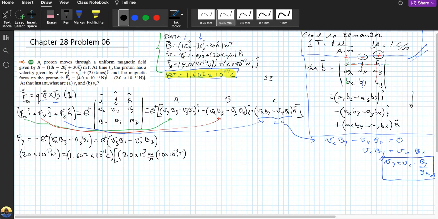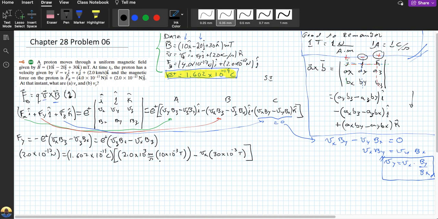Do you remember milliteslas? 10 minus 3. Okay? And then you finish your first part. Second part, minus Vx. Who is your Vx? You don't have it. This is what you want to calculate. So Vx here multiplied by what? Bz. Your Bz is 30 milliteslas. So here you're going to have 30 times 10 minus 3 teslas. And then you can close your bracket here.